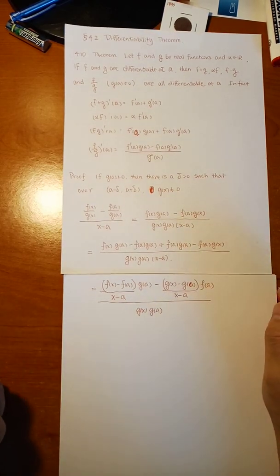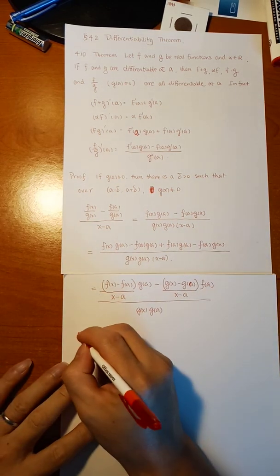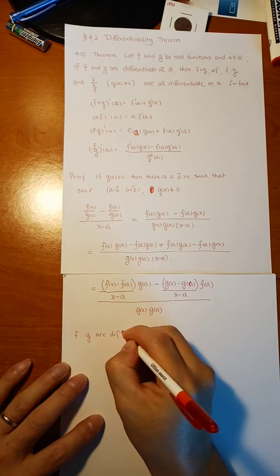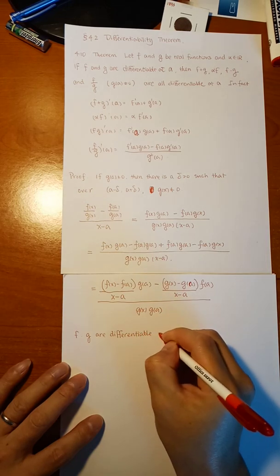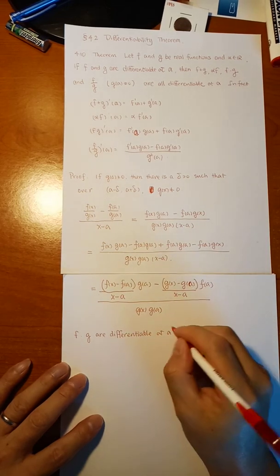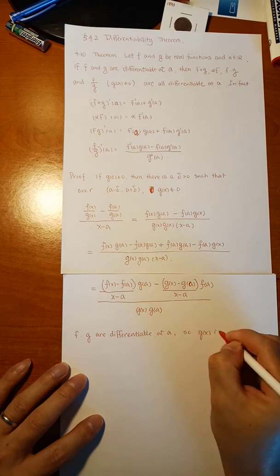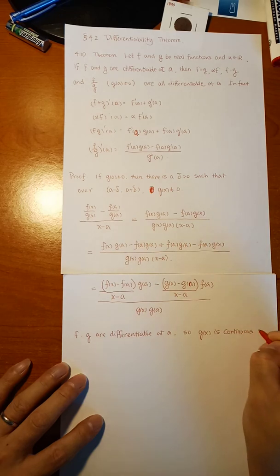Now we're going to use the assumption. The assumption says f and g are both differentiable at a. So at least g of x is continuous at a.